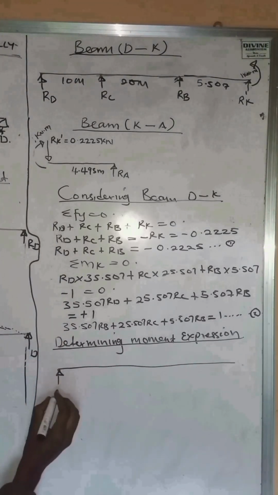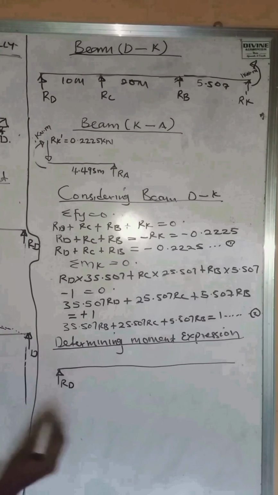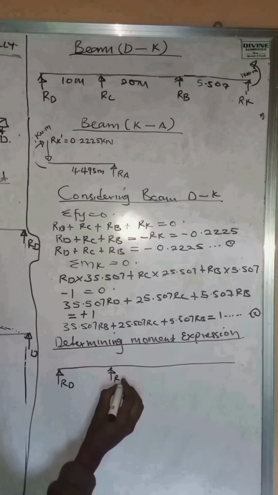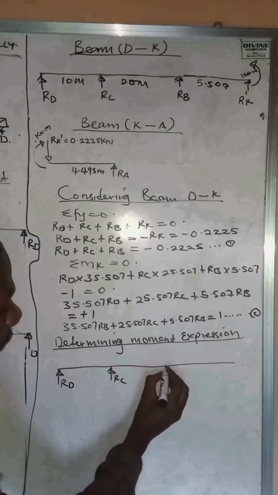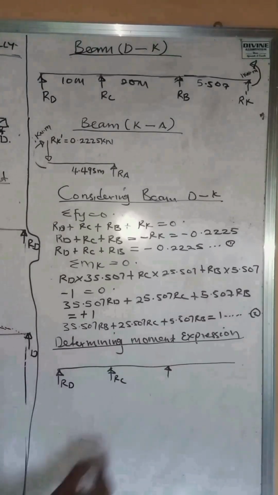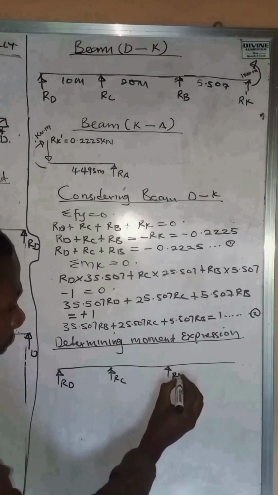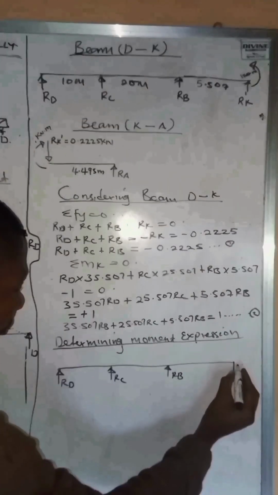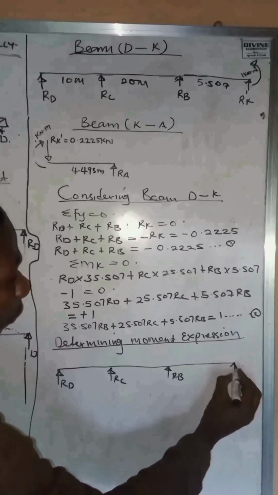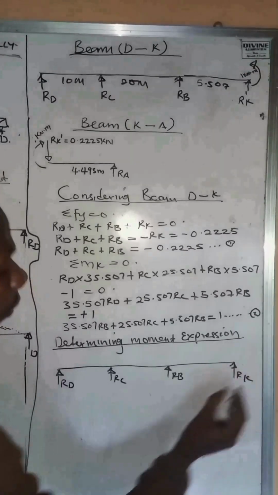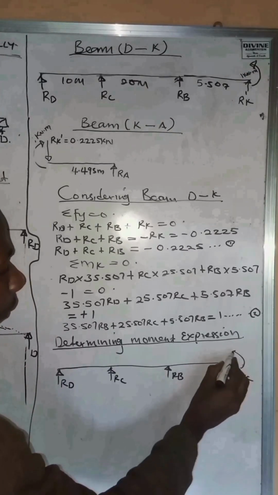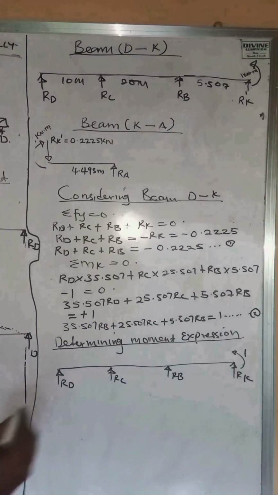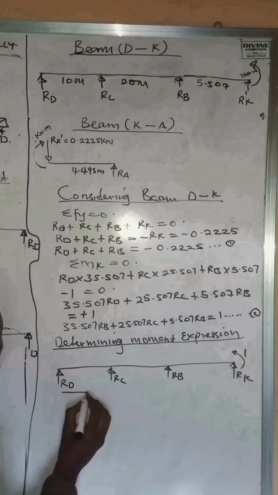Here we have RD, RC, RB, and the last, RK, and an anticlockwise moment of 1.